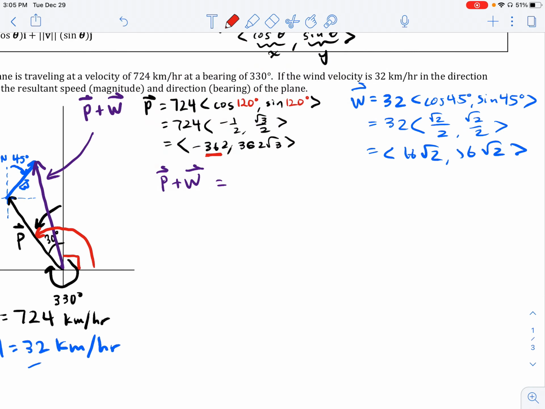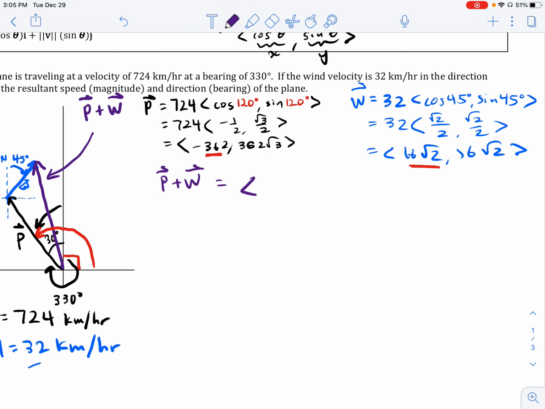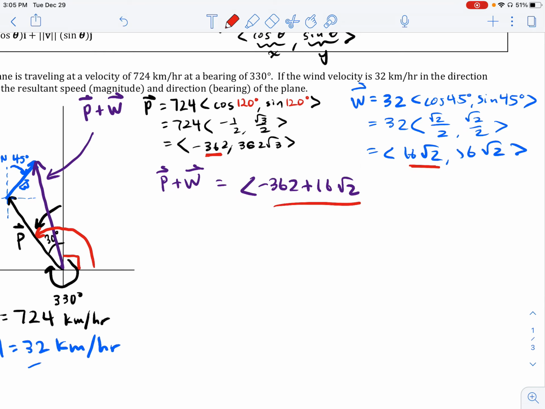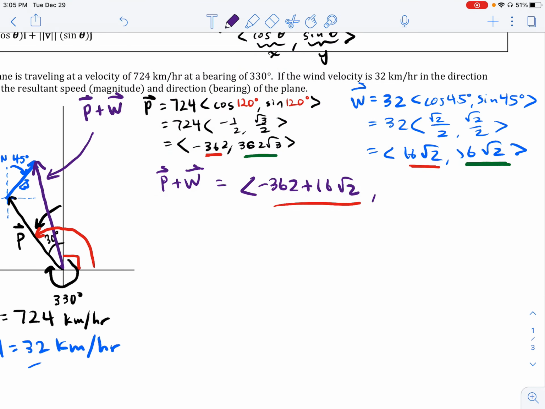We're going to say this vector is negative 362 plus 16 root 2. That was our horizontal component. And then we are going to add our vertical components, or our y components. So we're going to say that is 362 root 3 plus 16 root 2.